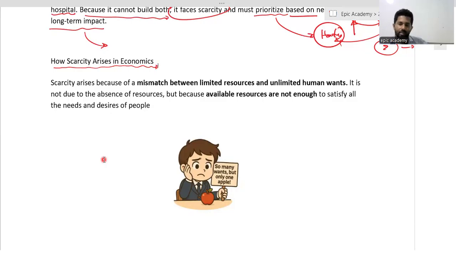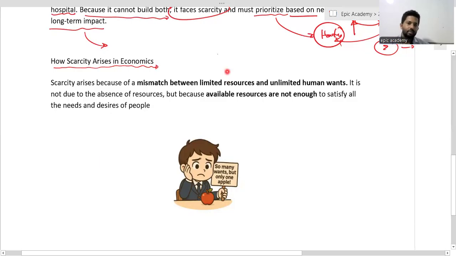What do you mean by the mismatch? Because there are limited resources and unlimited human wants, you cannot match them. You can't satisfy them. That is why scarcity arises.